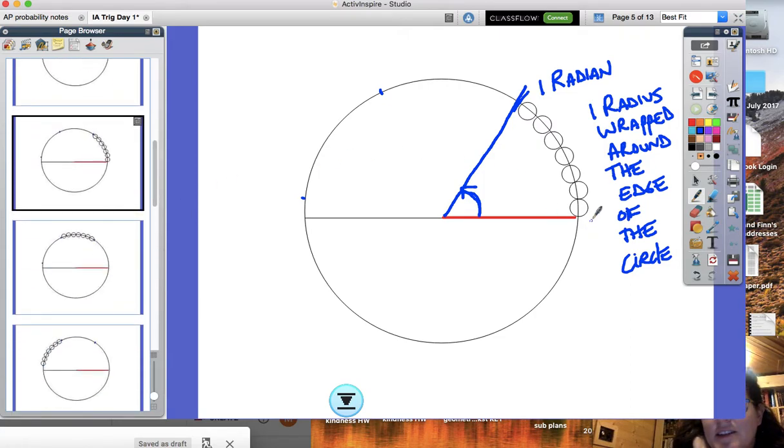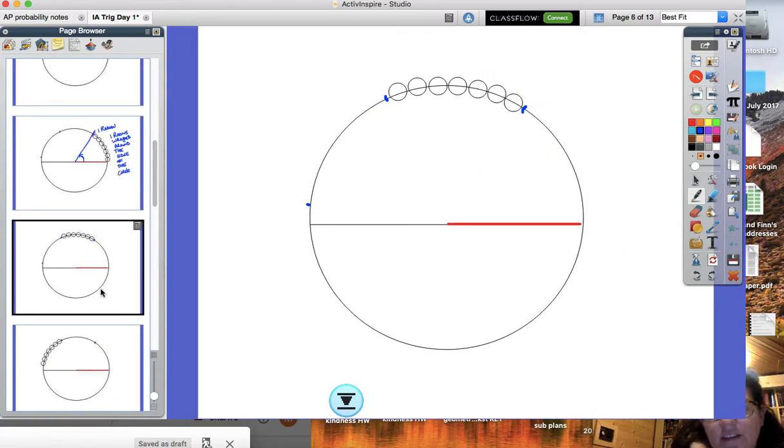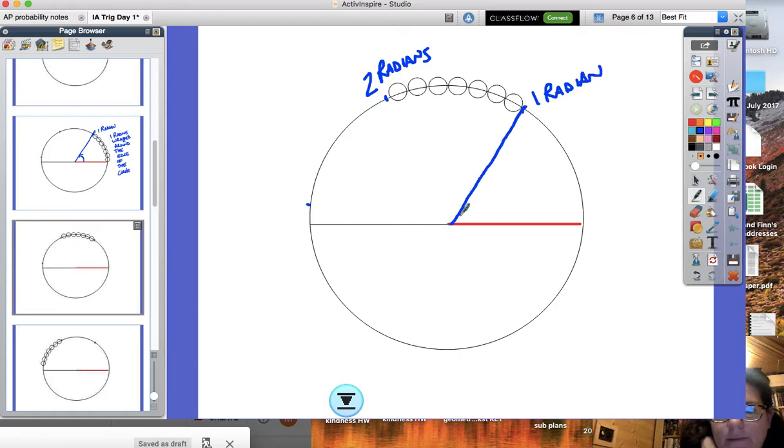If I continue wrapping these around, so now if I were to move these and continue wrapping them around, it would look like this. So remember, this was 1 radian. Now this is 2 radians. So here was 1 radian.